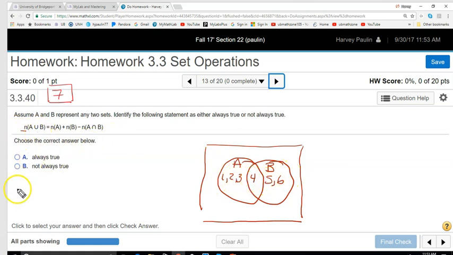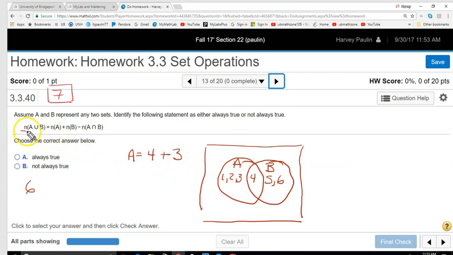So for this part, there are 6. Now, what is the number of A? Cardinal number of A is 4. What is the cardinal number of B? That's 3.